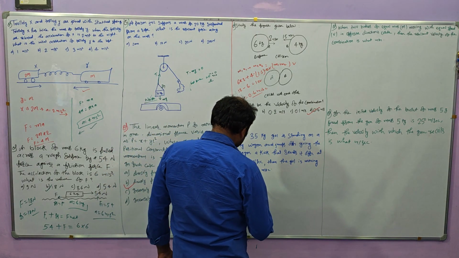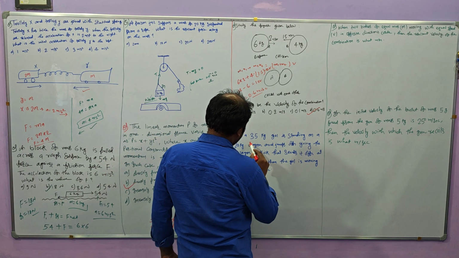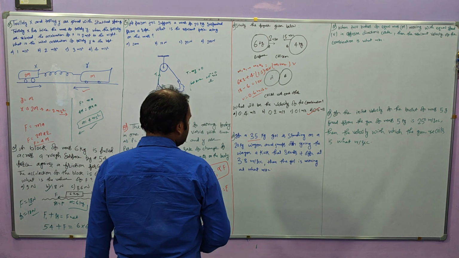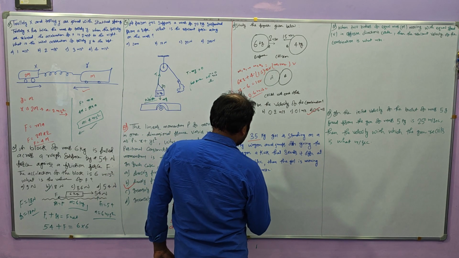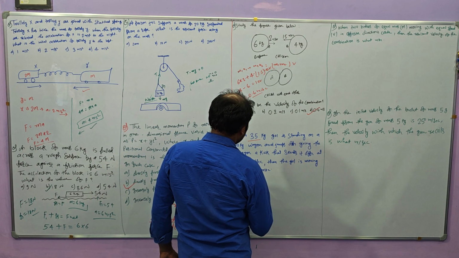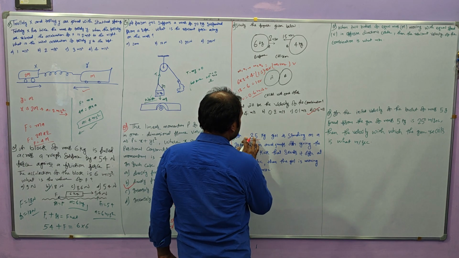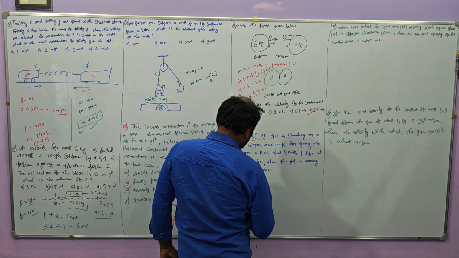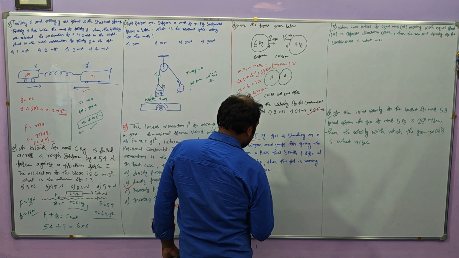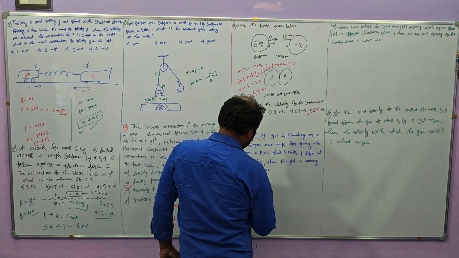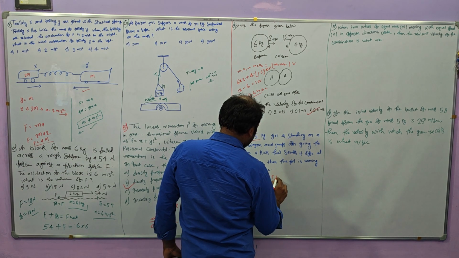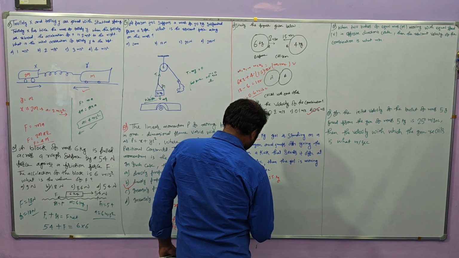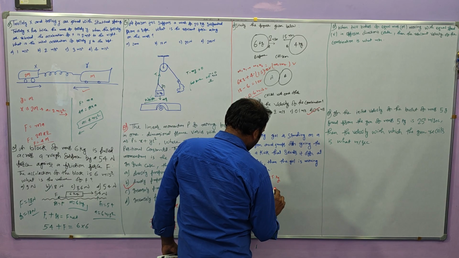We know girl mass is 35 kg and wagon mass is 20 kg.